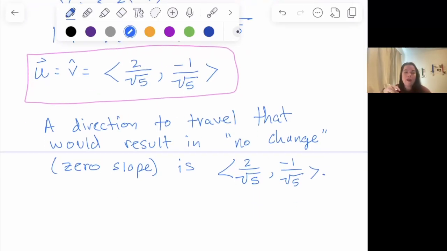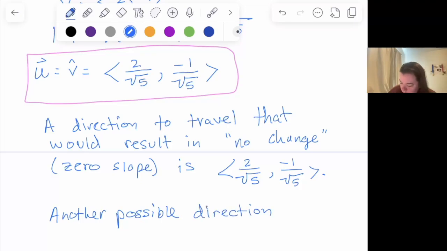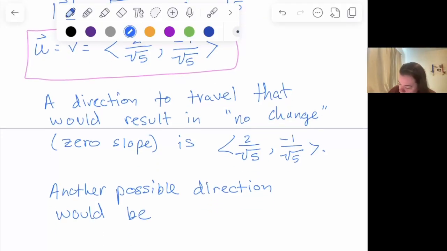And just to add, remember how I said another direction would also work? I'll just add that in. Another possible direction would be, and it would be the opposite, the negative of the vector I chose.